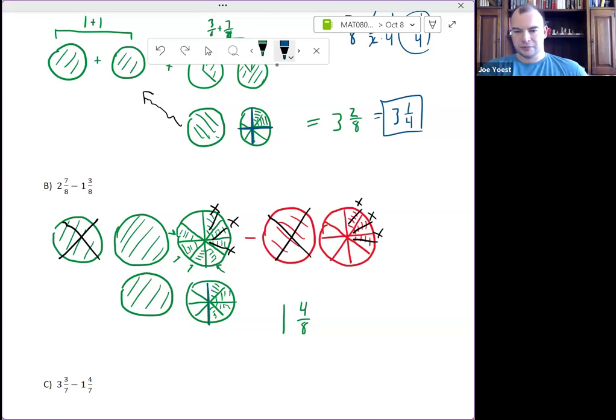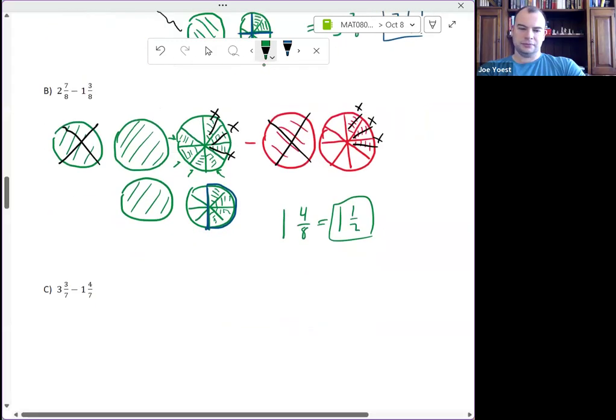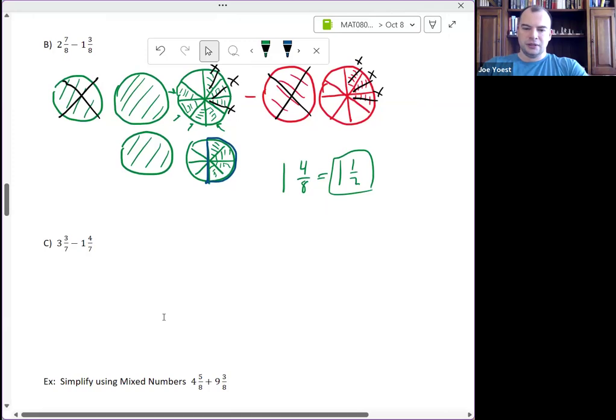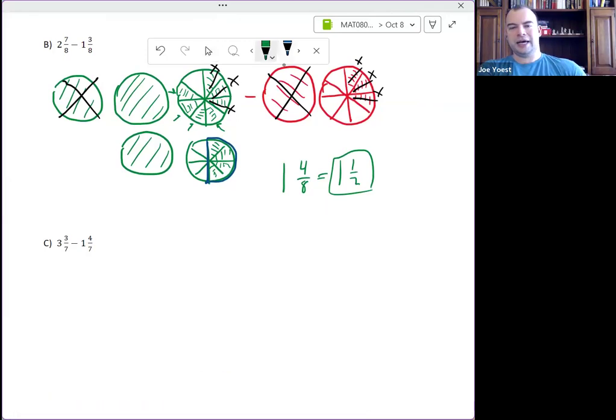Oh, that's just 1 1/2. 4/8 is 1/2. 4 times 1 over 4 times 2. The fours divide out and give me 1/2. Okay, so I don't think either one of those was too bad.